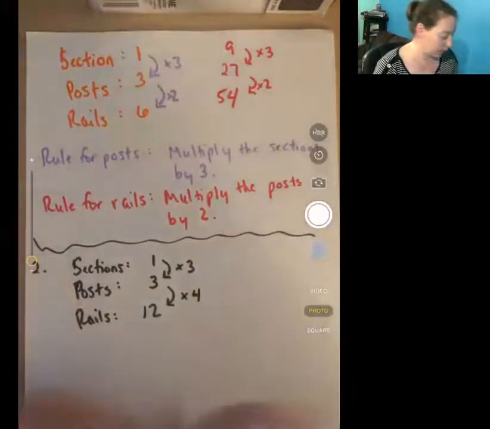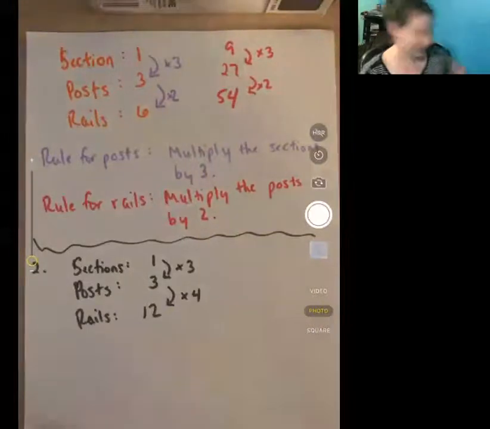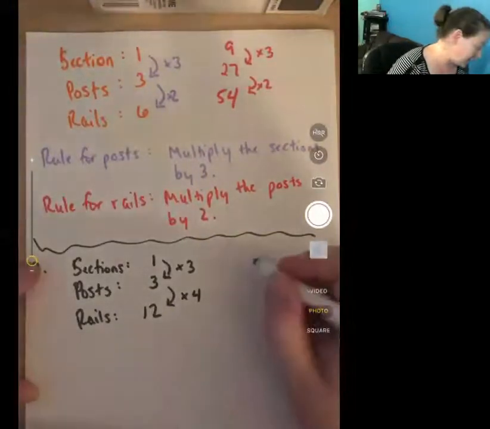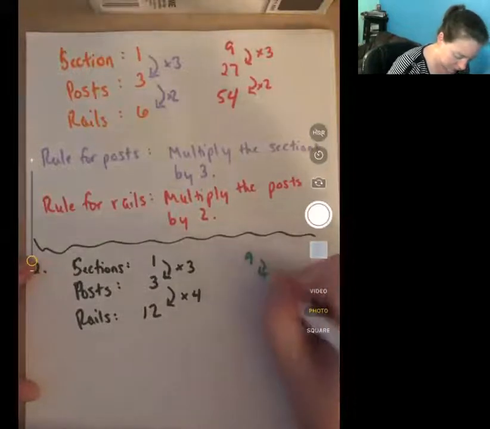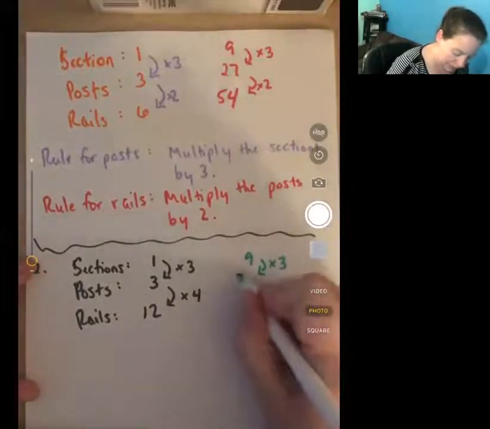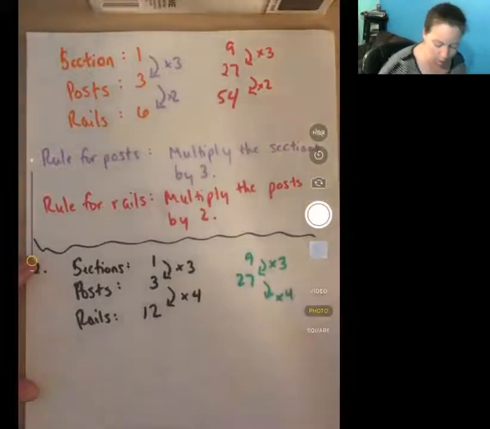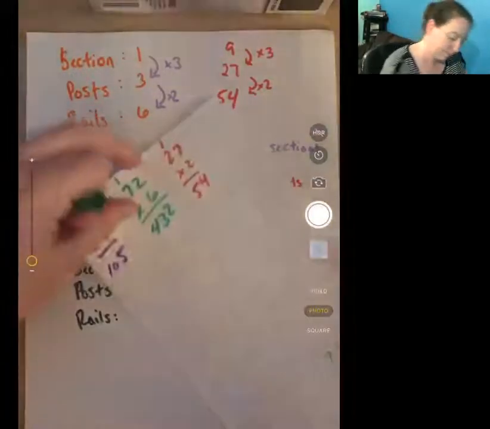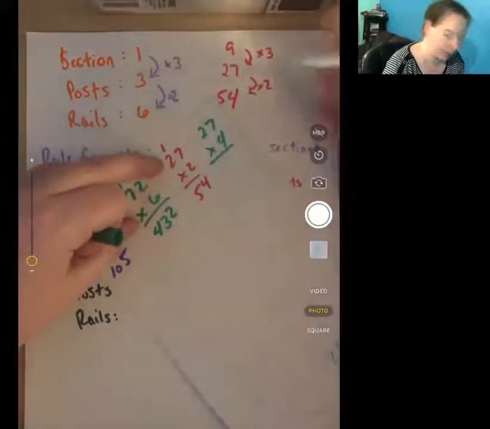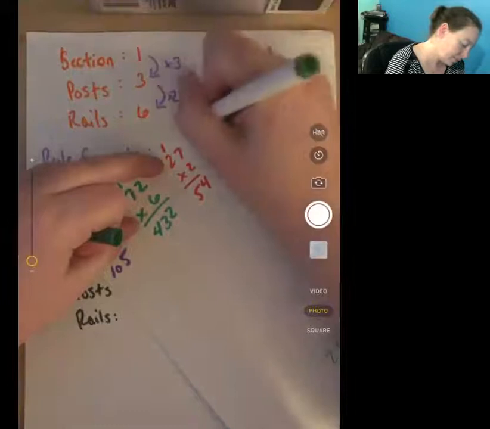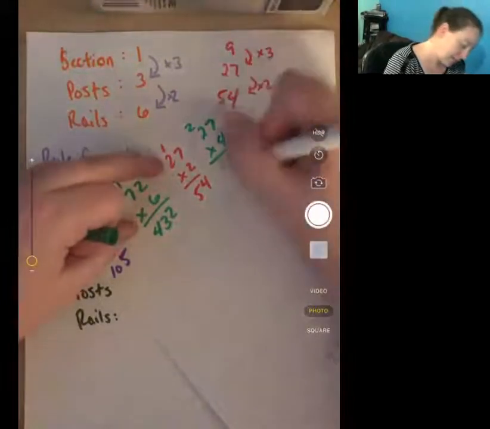Now I can go over here to skip to whatever I please. So I'm going up to the 9th section. 9 times 3 is 27. 27 times 4 is, 7 times 4 is 28. 2 times 4 is 8 plus 2, 10.